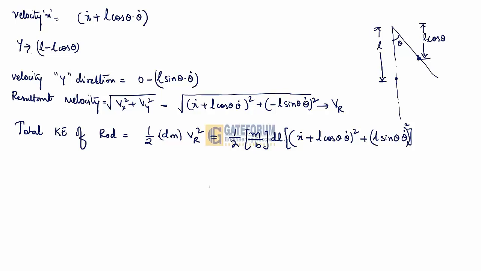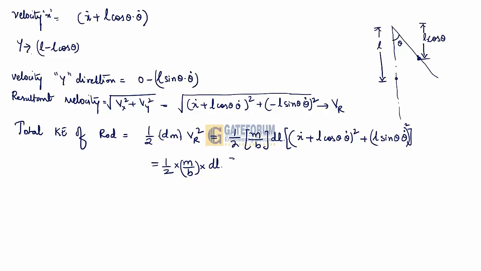You are required to simplify this. So half into m by b, this will be dl, and this is upon expansion. This will be dl.